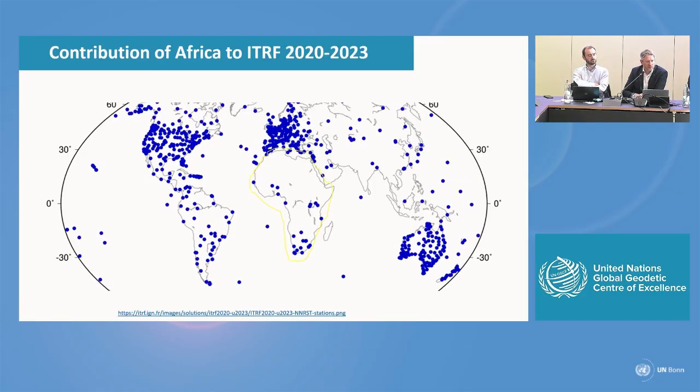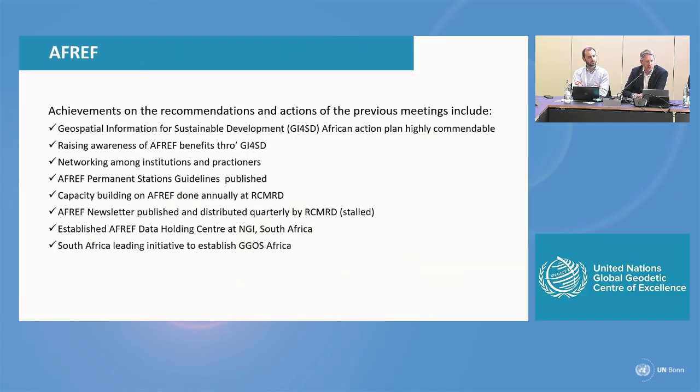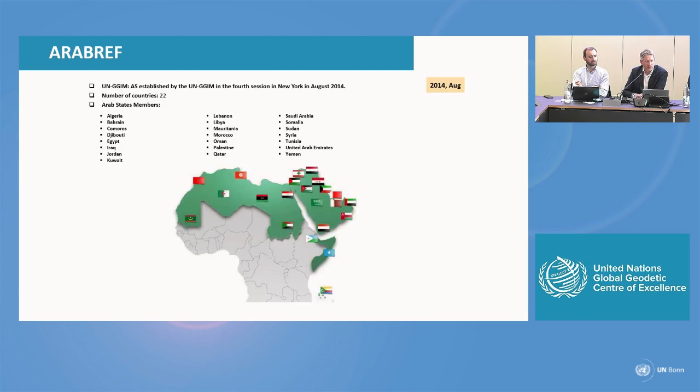And the last thing I wanted to touch on just briefly was the ArabRef. So Zahir and I were recently over in Saudi Arabia. They are very keen to develop some sort of regional system. They recognise the value of having a regional system, but the biggest issue that we keep hearing about is data sharing.